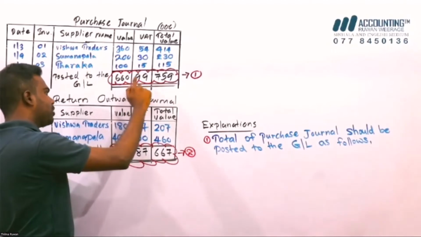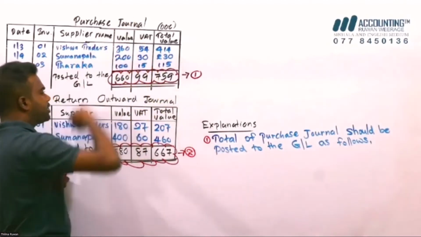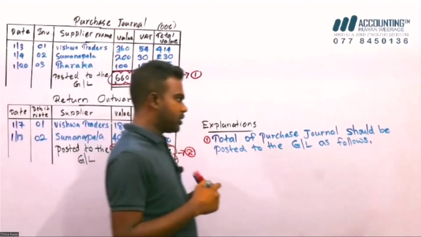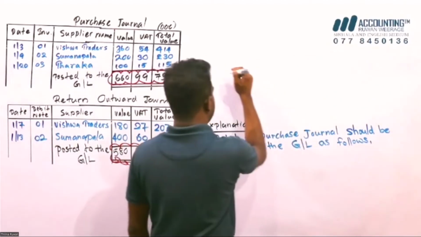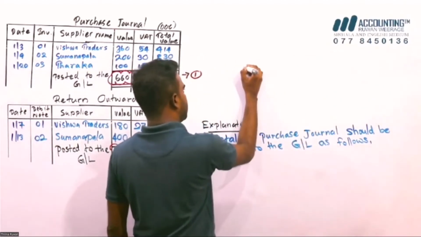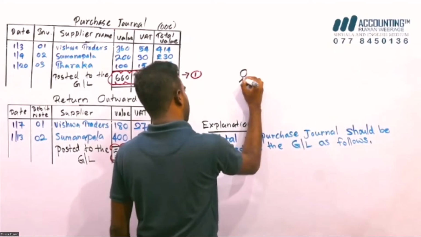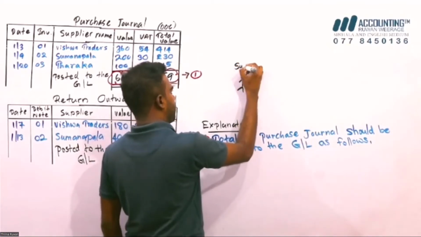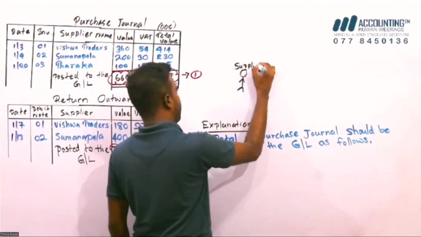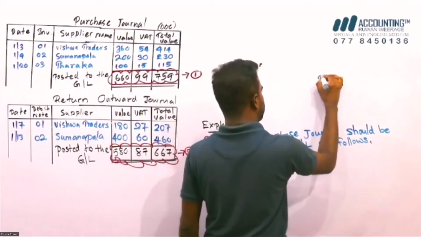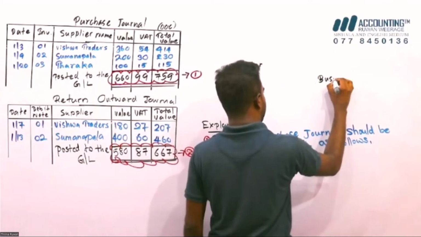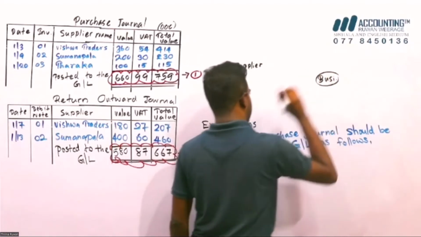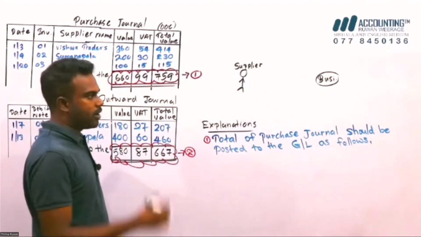This is the VAT amount. This is a credit purchase. I will write down the process here. Let's think this is the supplier, and this is the business.